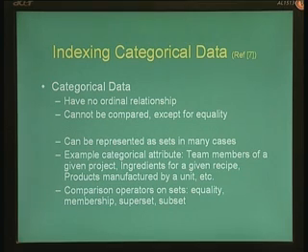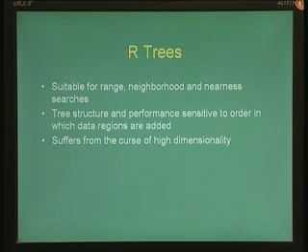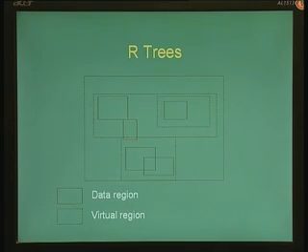Lastly, let us look at one data structure for indexing categorical data. Here, as you can see, until now we have been looking mainly at ordinal data, whether it is KD trees or R trees. It is important that there is ordinal information associated with each dimension, that is, this is lesser than this and this is lesser than this and so on.